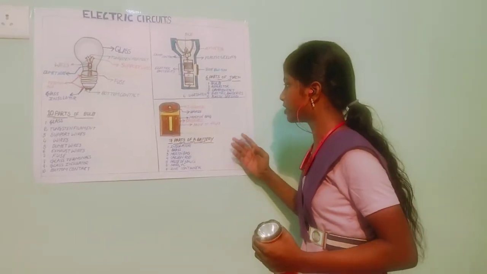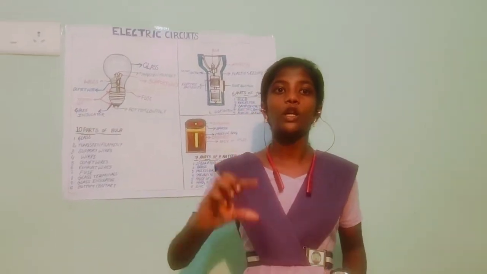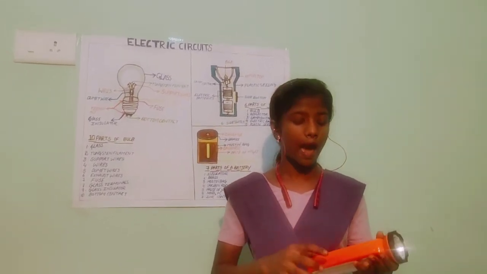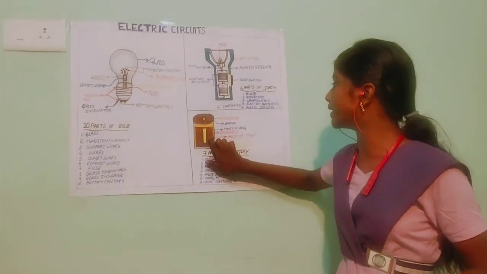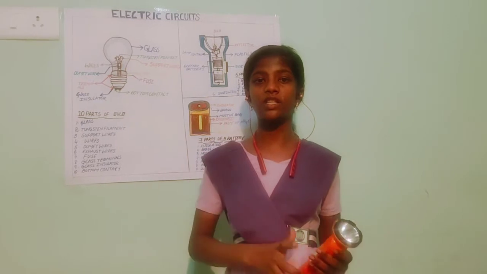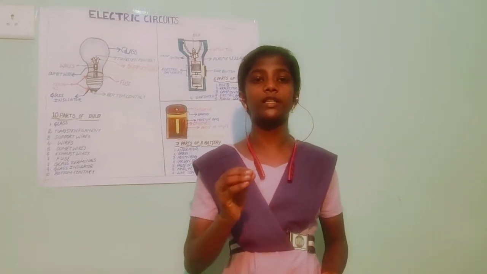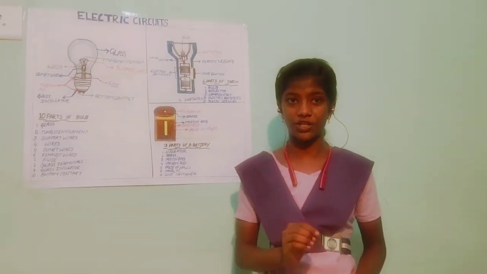The next one is batteries. When there is no electricity, you can directly use this torch. Why? Because it has electric power which is filled in these batteries. The batteries are used not only to glow the bulb; you can also see mini fans in the market that are prepared with battery connection.